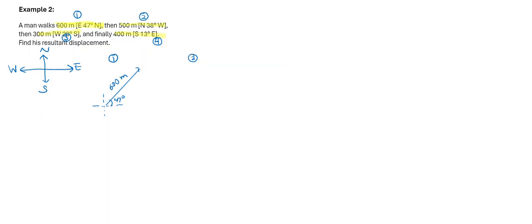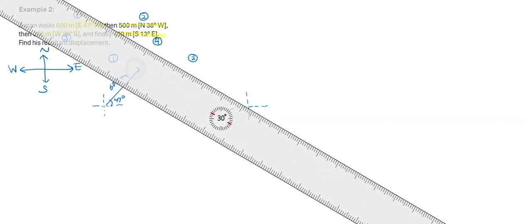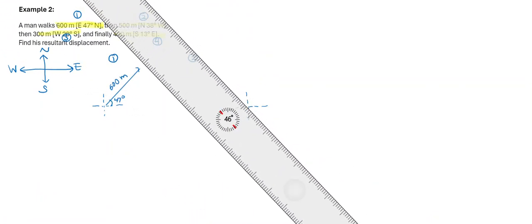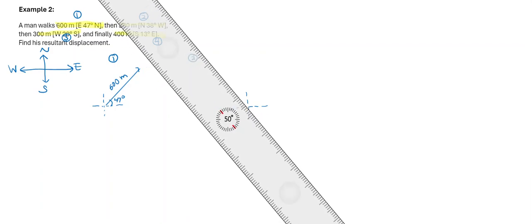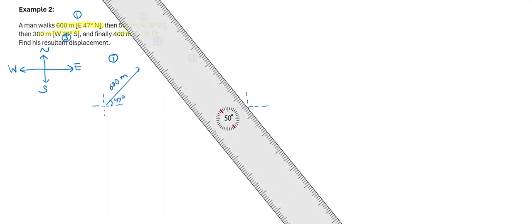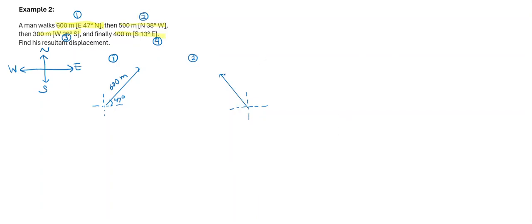Then for our second one, this is going 500 meters north, 38 degrees west. So just as before, this time our angle is going to be facing this way. The angle actually is not accurate on my diagram, but that part doesn't really matter. This is 500 meters, and this time it's a bit different.